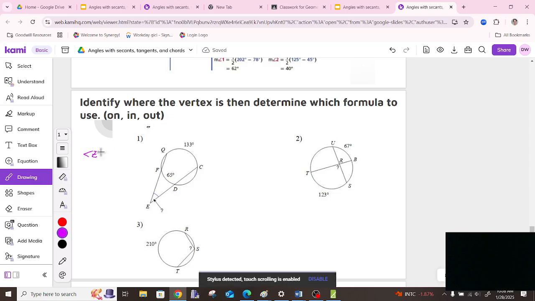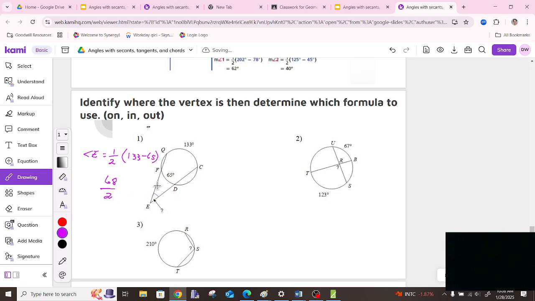Angle E is going to equal 1/2 of 133 minus 65, correct? What's 133 minus 65? 68, and then we divide by 2. So angle E is 34 degrees.